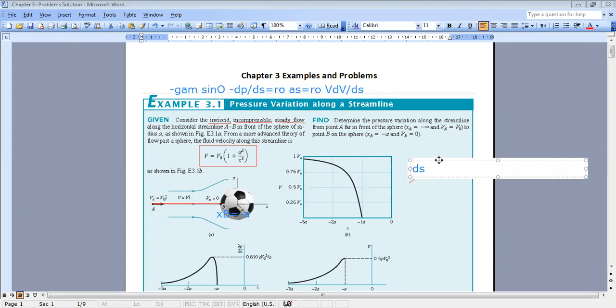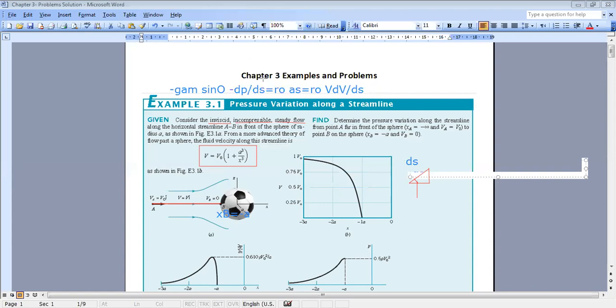And theta represents the angle between ds and dx. So what you did is ds can be decomposed into dx and dy, okay? And we said that theta represents the angle between the streamline at a certain location and the horizontal direction. So this is theta.